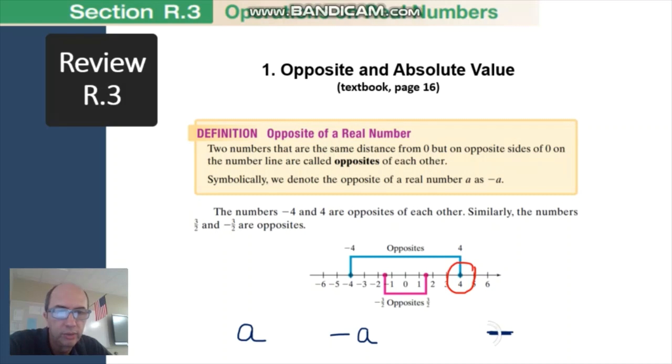That's not a technical term, it's something I like to say. The negative sign will change any number into its opposite. So the negative sign has this special power of changing any number into its opposite.